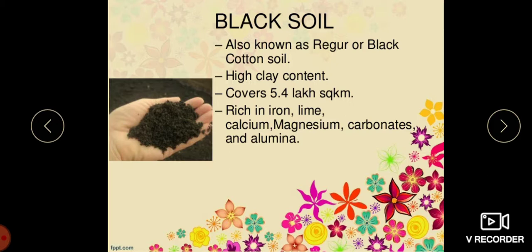The two popular plateaus, the Deccan Plateau and the Malwa Plateau, also lie in the black soil stretch, children. This soil is rich in iron, lime, calcium, magnesium, carbonates and aluminium.